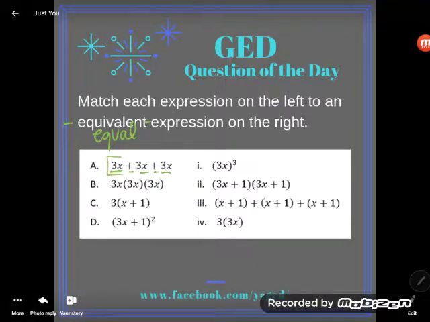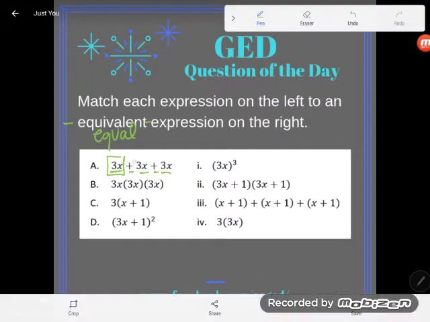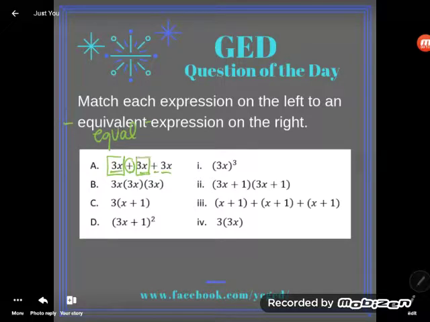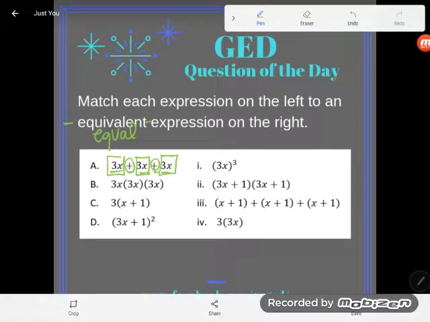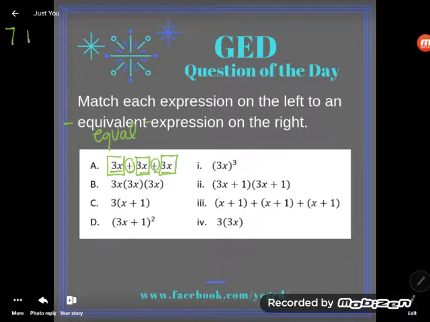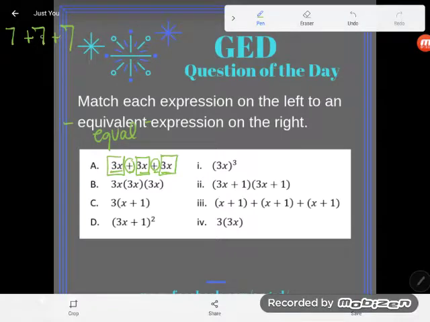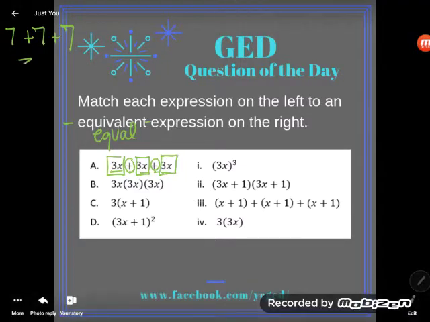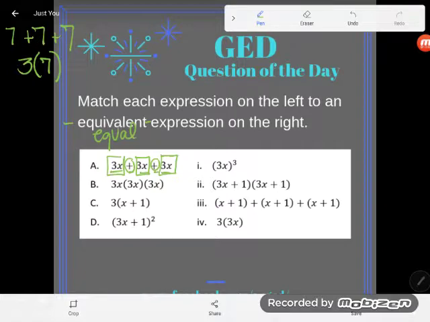I have the same exact big ugly number, 3x, adding over and over and over again. 3x plus 3x plus 3x. And hopefully we know, I'll take something easier than 3x, I'll take 7s, that another way to talk about repeated addition, 7 plus 7 plus 7, is to use multiplication. That's the same as 3 times 7, 7 adding 3 times, or 7 times 3, same difference.